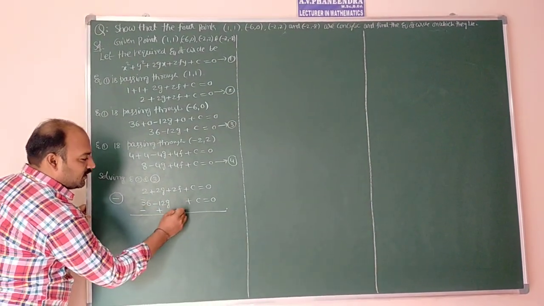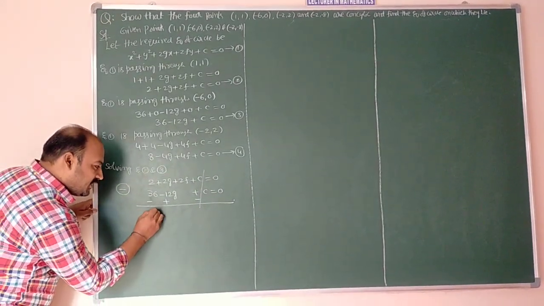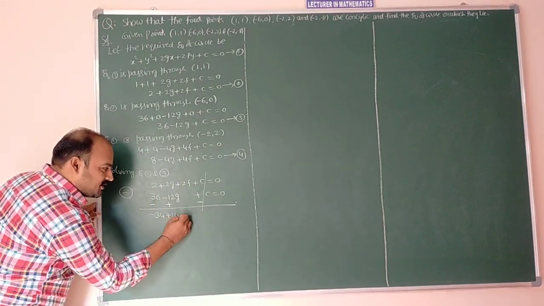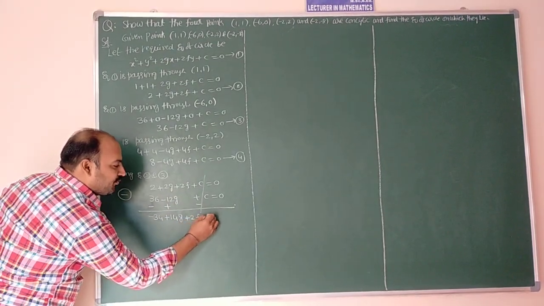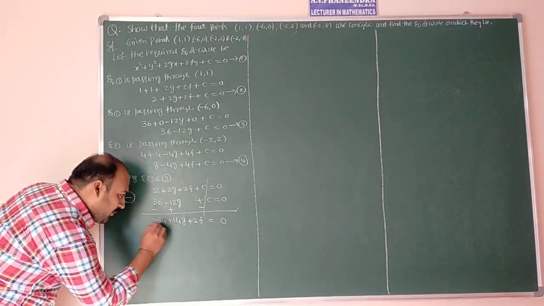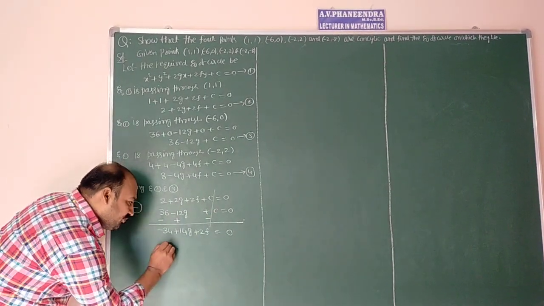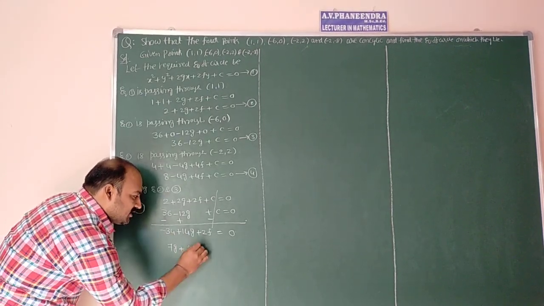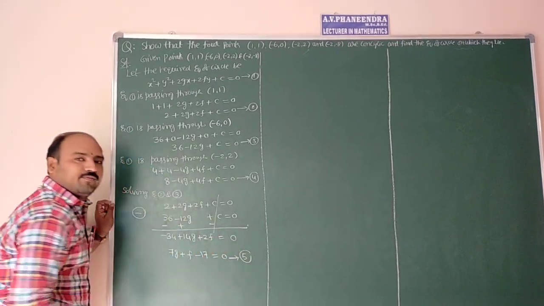Plus c minus c get cancelled. 2 minus 36 is minus 34. 2g plus 12g is 14g. 2f plus 0, that means plus 2f is equal to 0. Dividing throughout the equation by 2, it becomes 7g plus f minus 17 is equal to 0. Equation number 5.